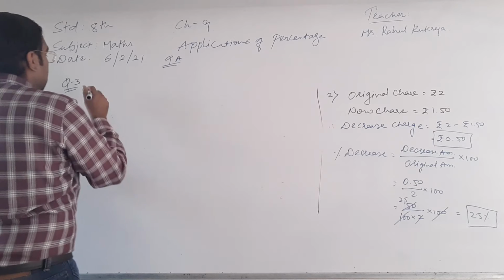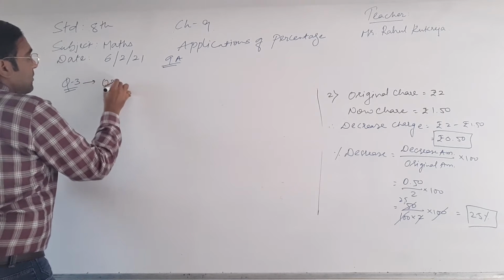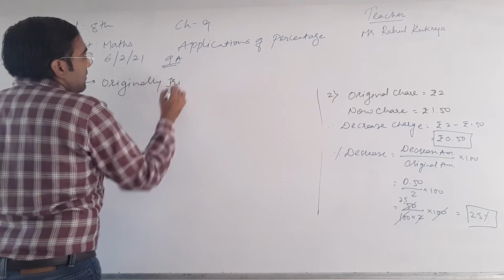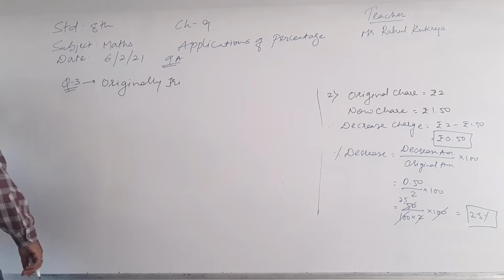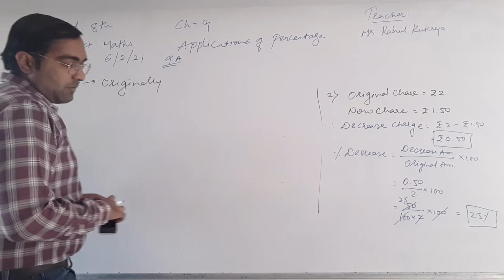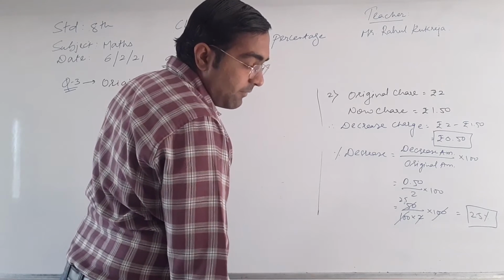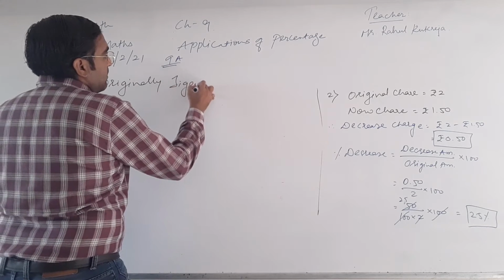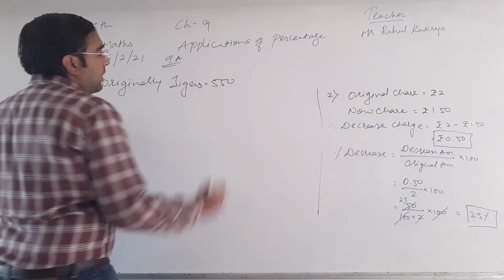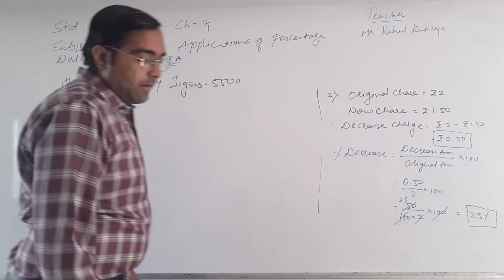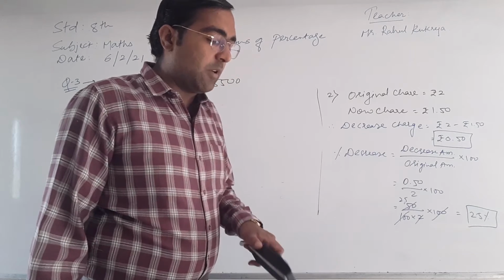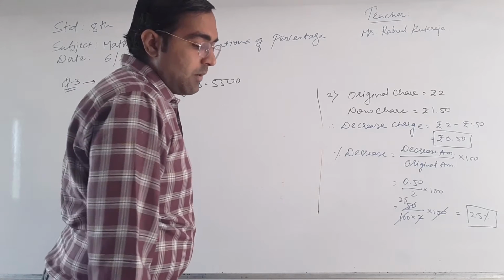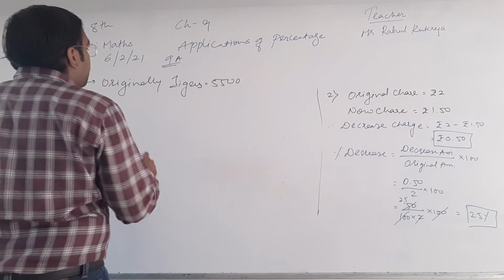So originally, tigers are 5,500, and 5 years back it was 6,600 tigers.